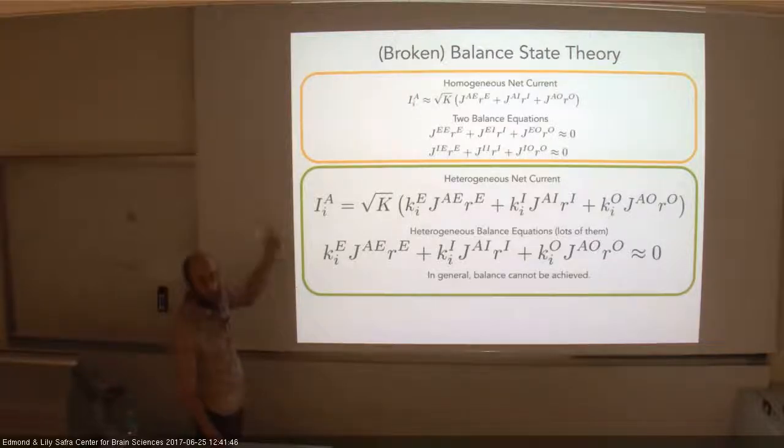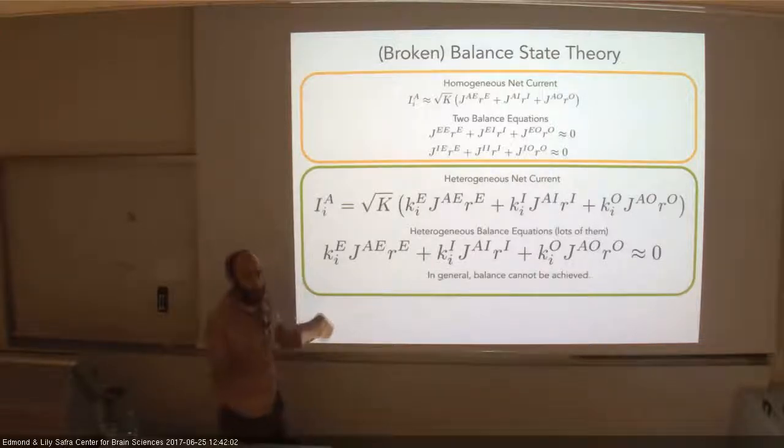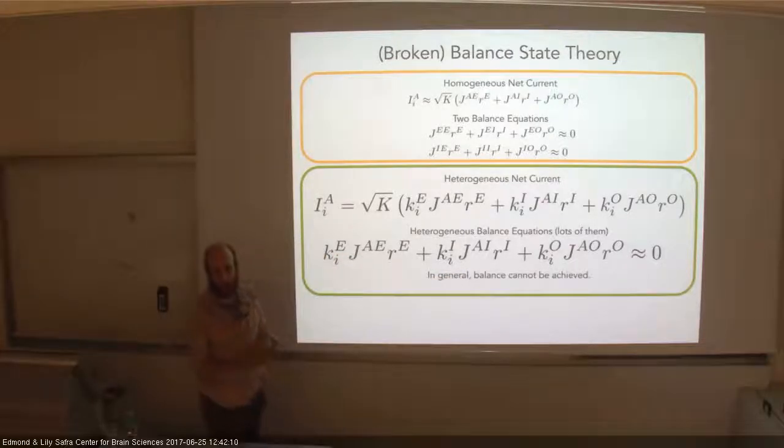Algebraically, the flip side of what we saw geometrically in that picture is that this set of equations, representing every single neuron's local balance, can only be solved, in the sense of the excitatory and inhibitory firing rates doing what they need to do to cancel the net input, if it just so happens that the excitatory, inhibitory, and external inputs are all perfectly correlated.